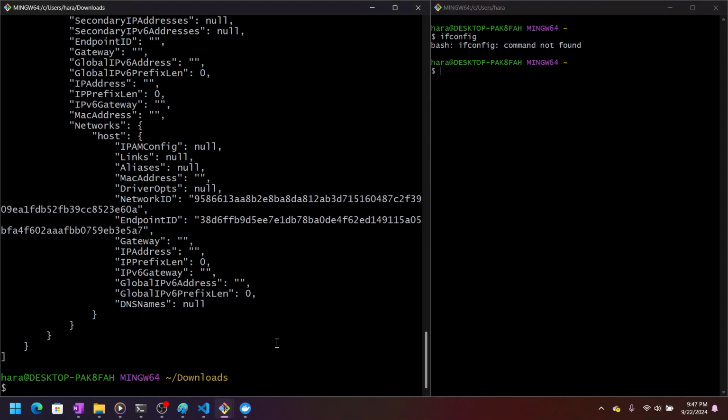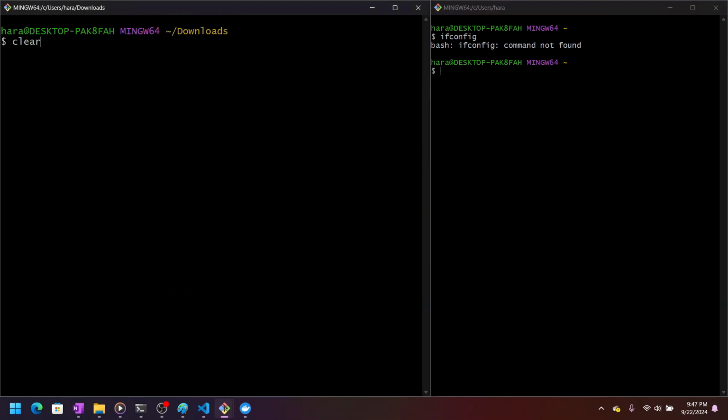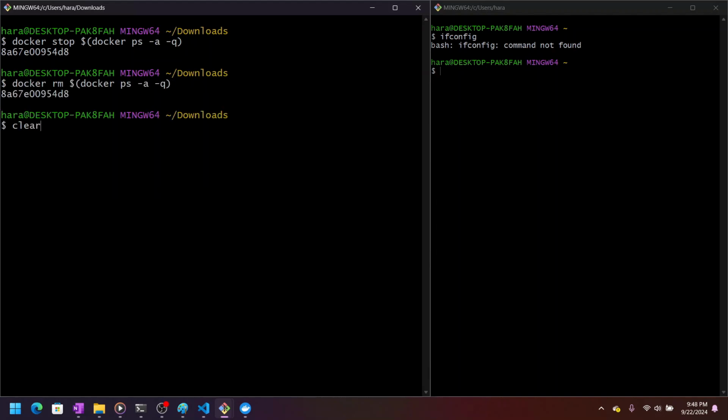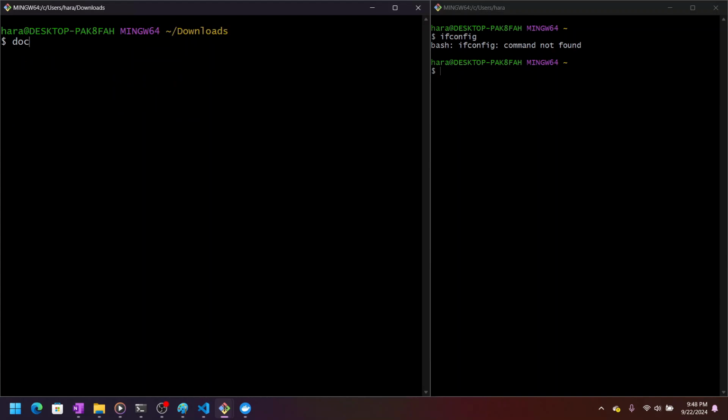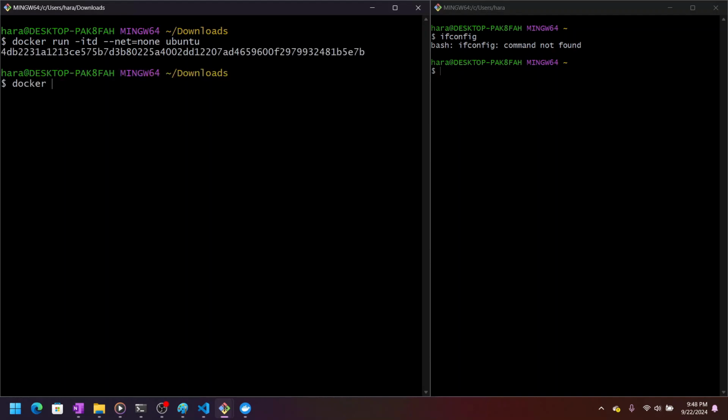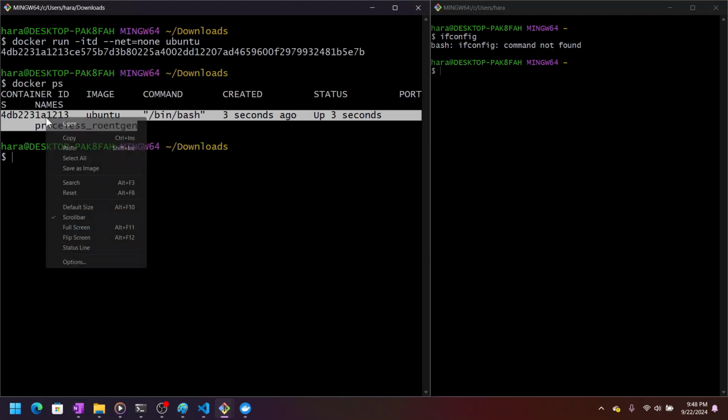So I have a container running here, so I'll clear it and I will remove all the containers. So docker run -itd --network=none ubuntu. Then docker ps, I will get the container ID.